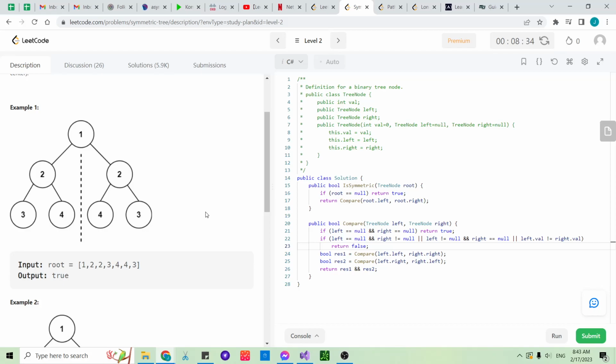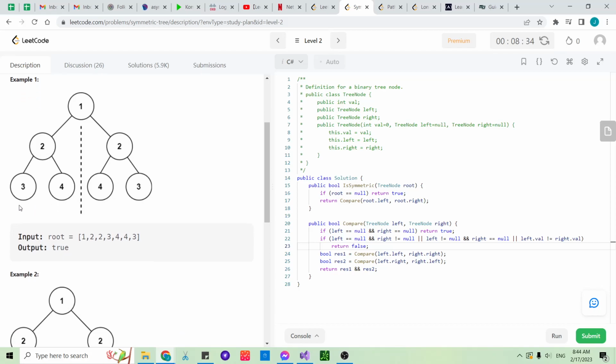Okay, so if we use a queue or stack, and then instead of pushing or queuing in the normal order, we do flipping left and right, would that work? We actually really need a good example that's bigger to see if it works well.